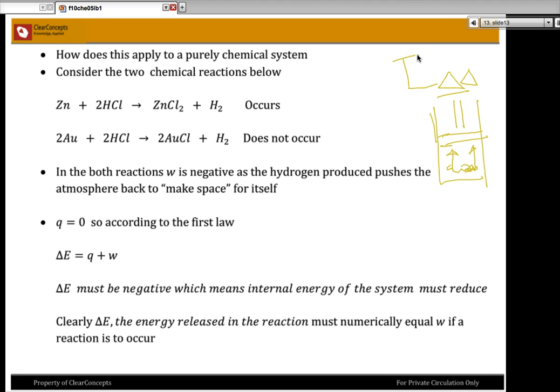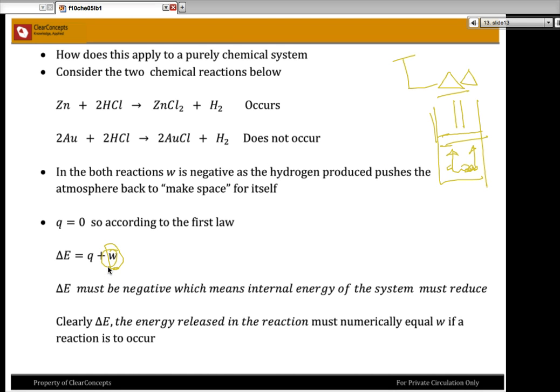Do you agree? And so this chemical system would have done some mechanical work, which means that small w, the work done on the system, must be negative, because work done by the system is positive. So work done on the system is a negative number.